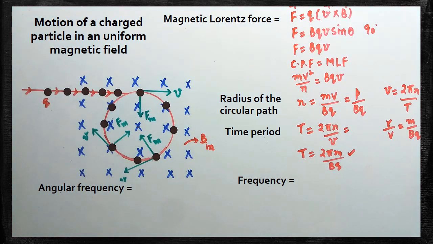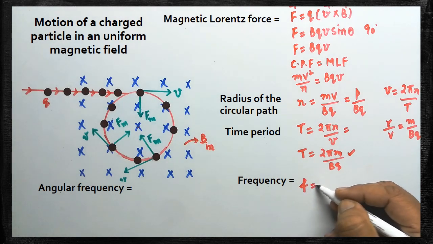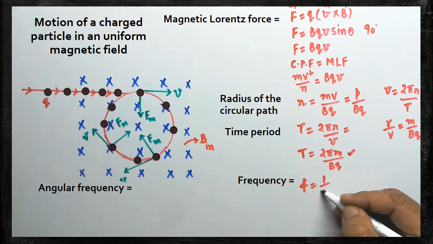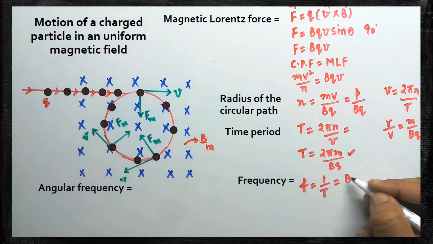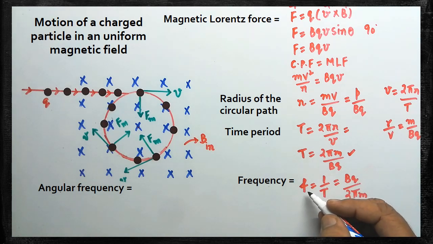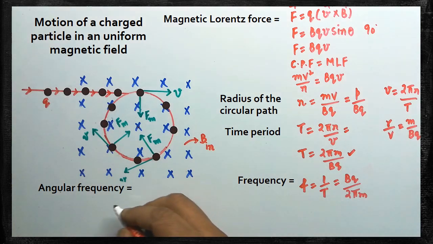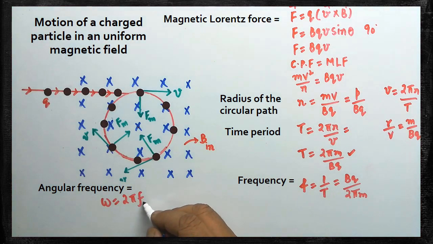Are you clear? Now we are going to derive the expression for frequency. What is F? Frequency. Frequency is nothing but the reciprocal of the time period. Substitute. If the entire factor is reciprocated, you will get bq divided by 2 pi m. F is equal to bq divided by 2 pi m. This is called frequency, and this one can also be called linear frequency. Now I am going to write one more equation called angular frequency, omega. Omega is nothing but 2 pi f. If linear frequency is multiplied by 2 pi, you will get angular frequency.